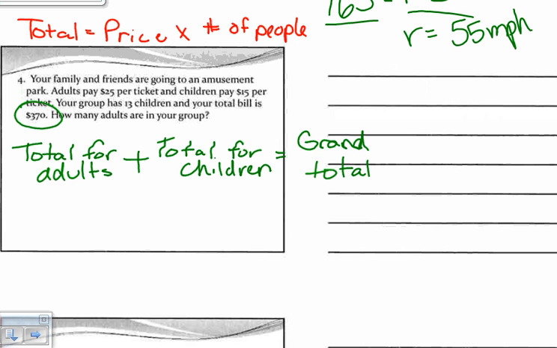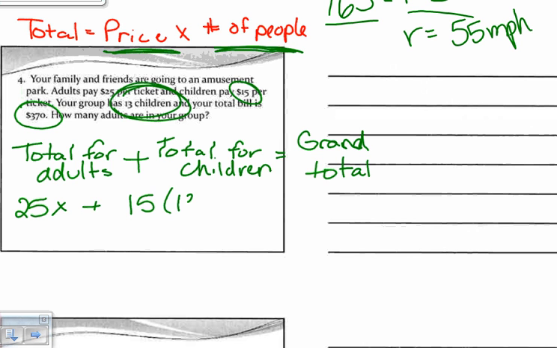Well, I know that the price for the adults is $25. However, I don't know how many people there were. So let's use an X for that. Plus we're going to add the children. Children were $15. And I do know there was 13 of them. And that's going to give me my grand total of 370.